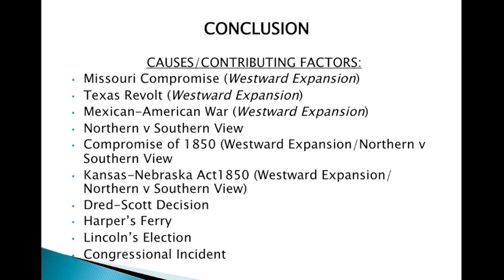Lincoln's election concerned the Southerners because they felt the Republicans were going to convince the non-slave-holding whites that slavery was no longer needed. And then finally the congressional incident between Sumner and Brooks, and the Northerners felt that the Southerners were so strongly in favor of keeping slavery that they would hit someone else with a cane and be violent towards them.